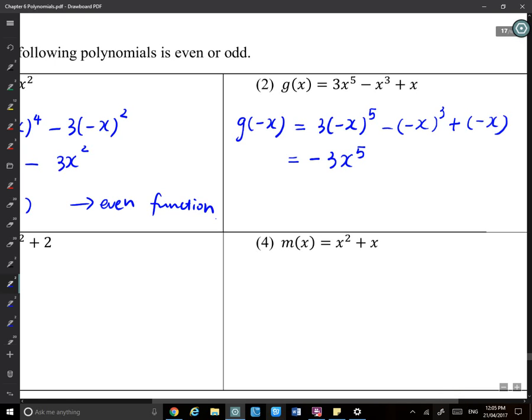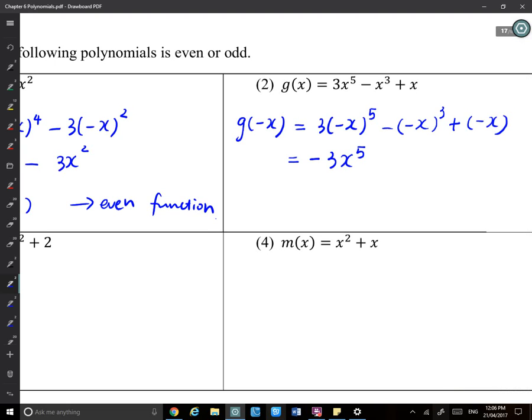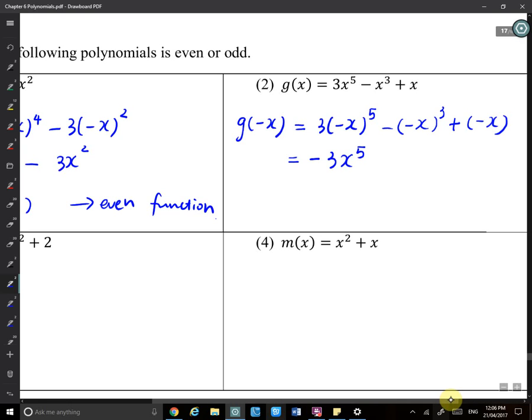Negative x to the power of 3 is still negative, negative x cubed, but you have a minus in the front, so that is a plus x cubed. And plus negative x is a minus x. So your g(-x) equals that.